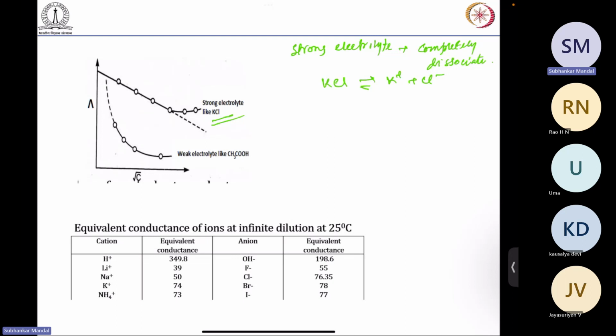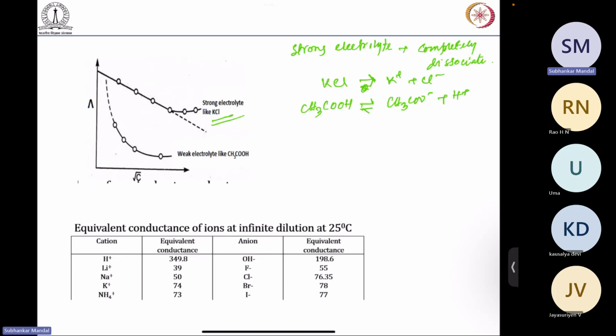In the case of a weak electrolyte, acetic acid will not completely dissociate. It will be in equilibrium with CH3COO minus plus H plus.